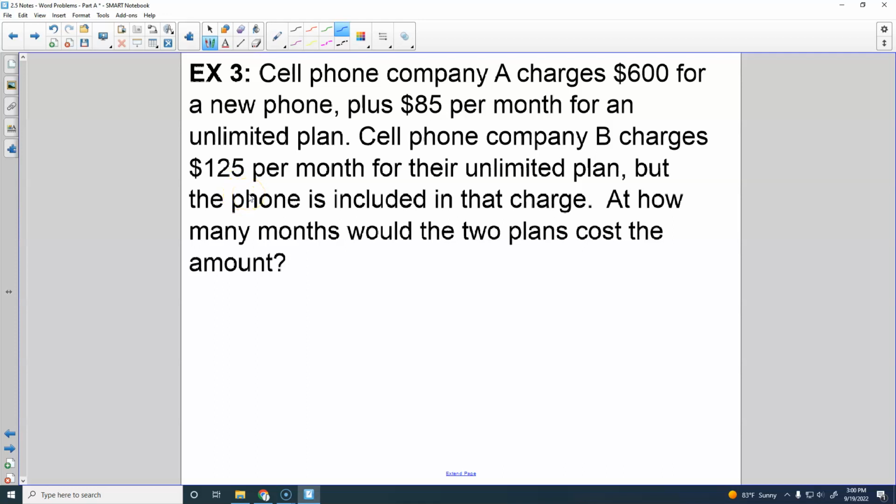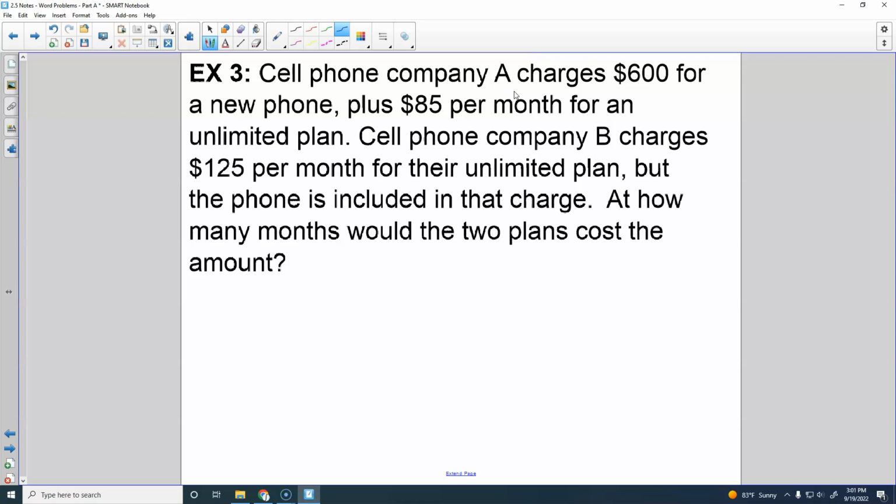Now, I get there's going to be limitations, like company B is going to make you sign a contract where you have to pay for so long, or pay off the phone, probably. But if we had this set up for 1 month, company B is going to be a lot cheaper. You might consider this if you don't have enough money to pay for the phone at the beginning, like if you don't have $600 to drop on a phone. Because with cell phone company A, they're going to charge you $685 that first month, whereas B is only going to charge you $125.